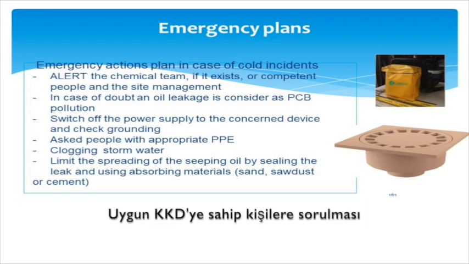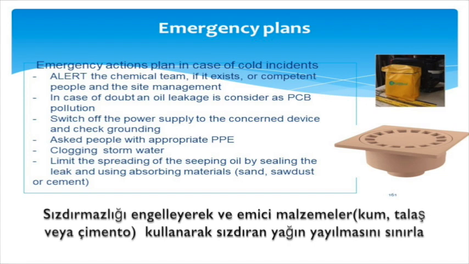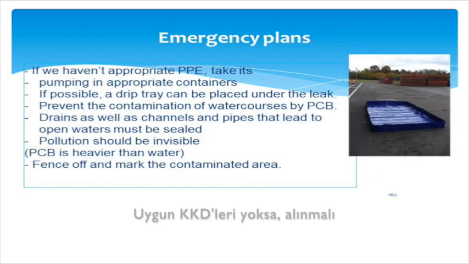Wear appropriate PPE. Close storm water drains. Limit the spread of the spilled oil by sealing the leak and using absorbent material, sand, sawdust, or cement. If you do not have appropriate PPE, take it.